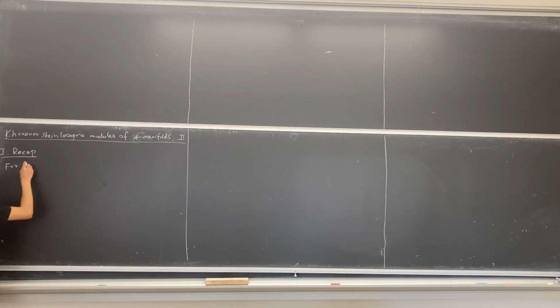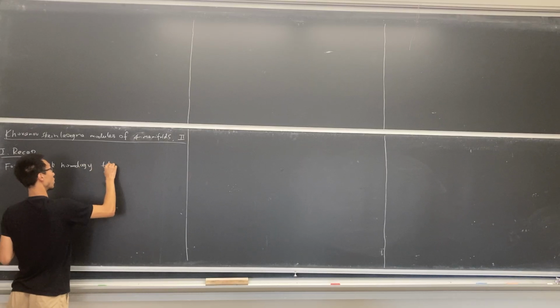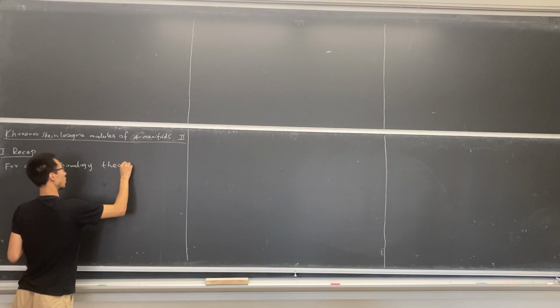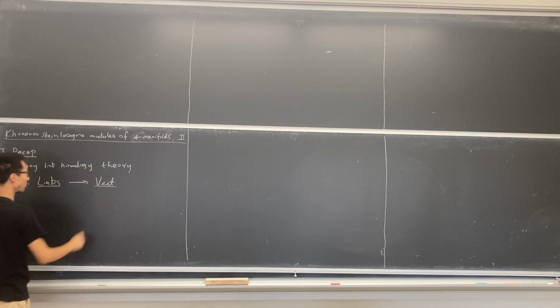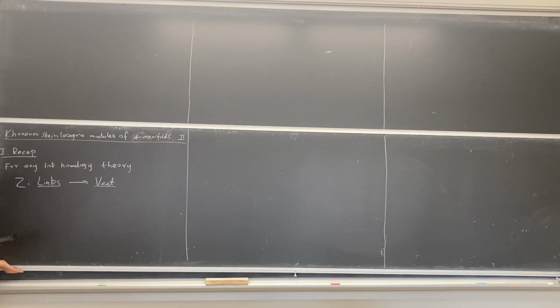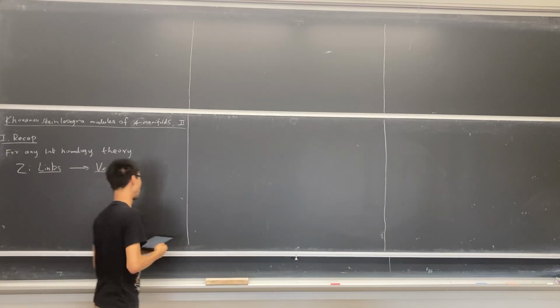So recall that for any link homology theory, with some nice condition, a link homology theory is nothing but a functor from the cobordism category of links to your chosen abelian category, say a category of vector spaces over a field.